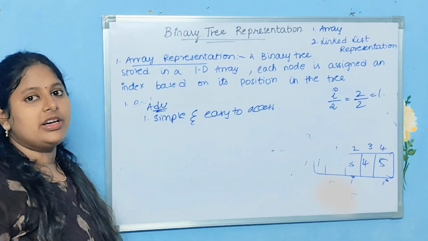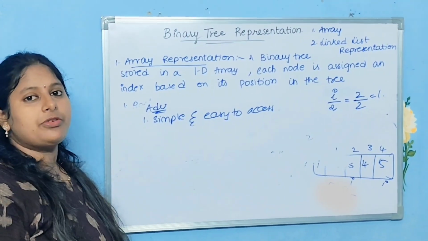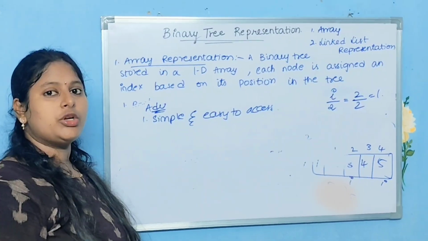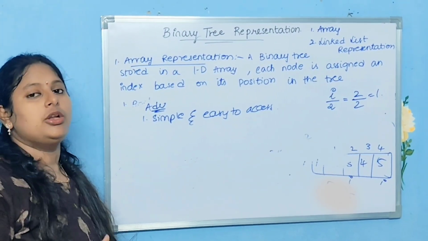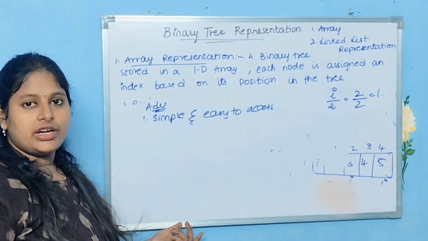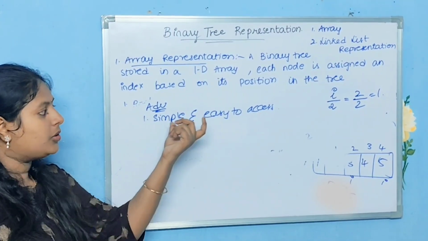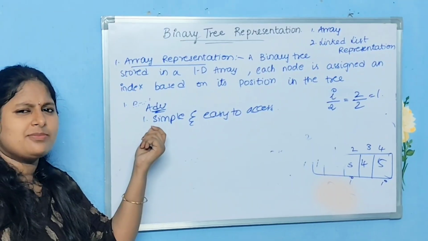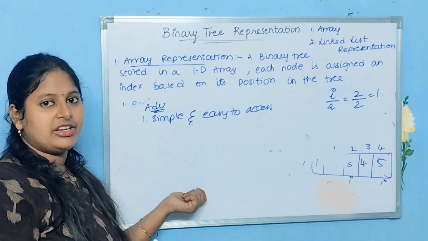If you want to find the right element, you find it with the help of 2 into I plus 2. If you want to find the parent of a particular node, you find I by 2. This is how you can access the elements very easily with the help of array representation of binary trees.